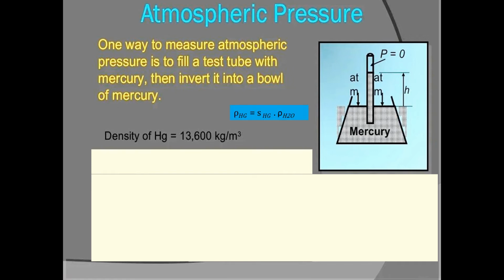And that is derived from the formula of density in terms of the specific gravity, that is, specific gravity times rho of the standard substance, which is water. We know that S of mercury is equal to 13.6 and the rho for fresh water is equal to 1000 kg per cubic meter.